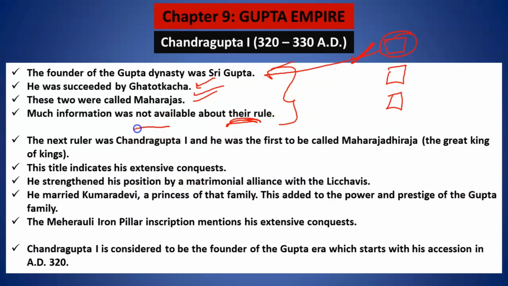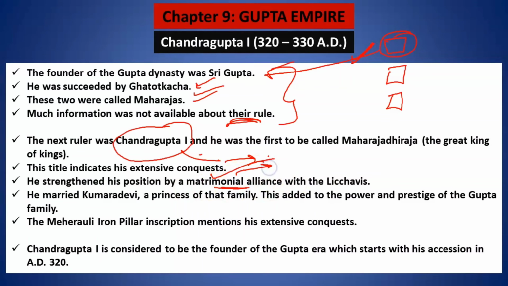The next ruler was Chandragupta I, and through him we come to know a lot about the Gupta Empire. He had done a lot of conquests, means he had fought a lot of wars also, but he had also strengthened his position through matrimonial alliance.